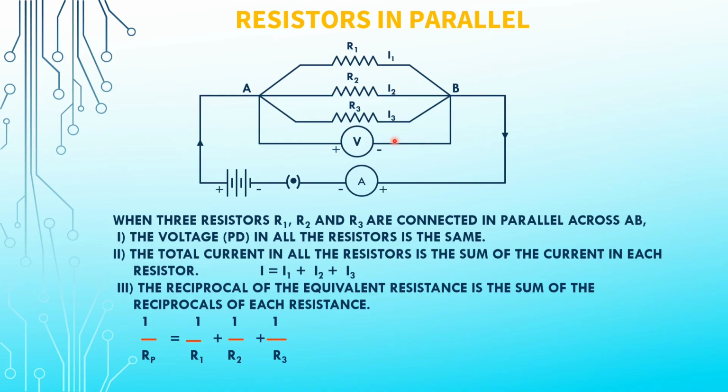The currents in resistor 1, 2 and 3 are I1, I2 and I3, and the total current is taken as I. The reciprocal of the equivalent resistance will be the sum of the reciprocals of each resistance: resistor 1, resistor 2 and resistor 3.